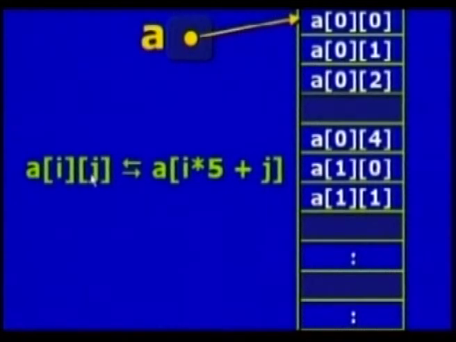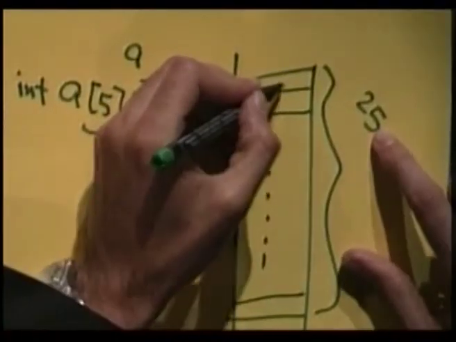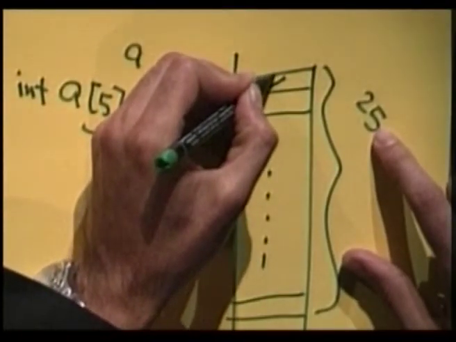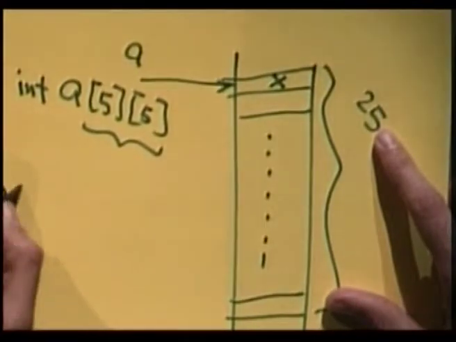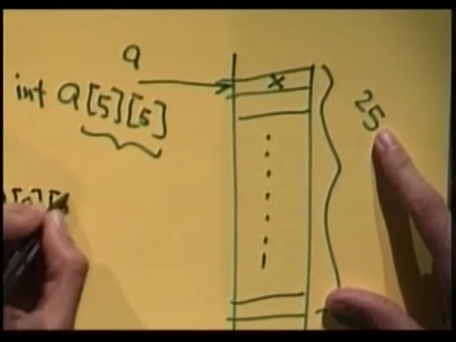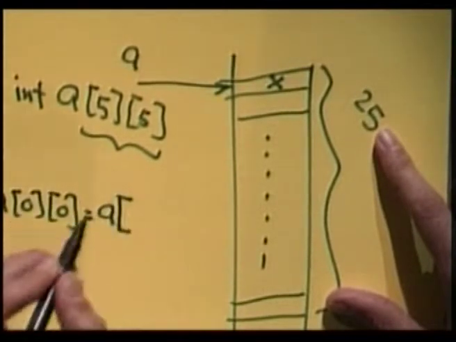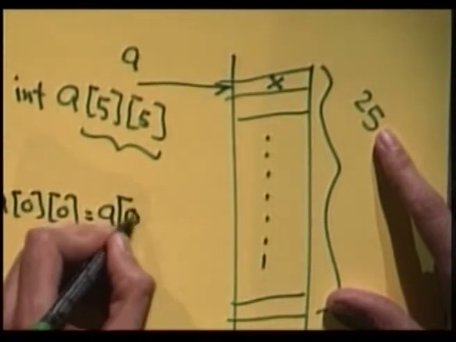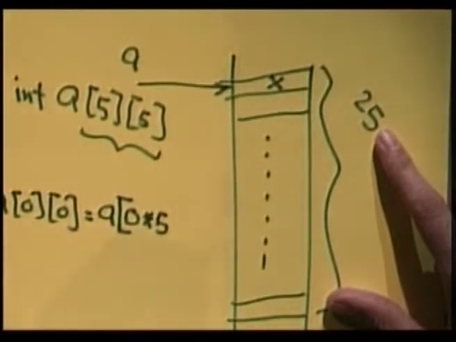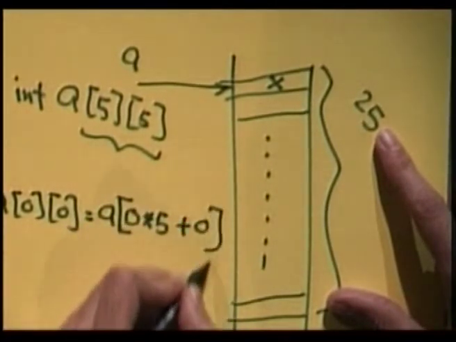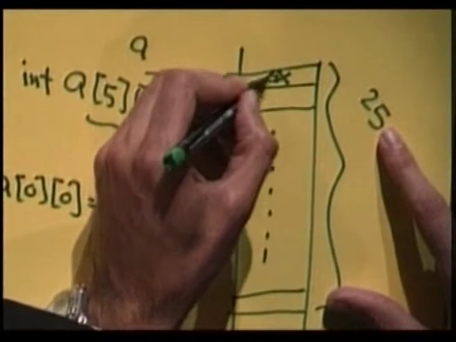For example, this is row number 0, column number 0. So A of 0, 0 is at 0 times 5, the number of columns, plus 0, which comes to 0 in this case, so it's in here.